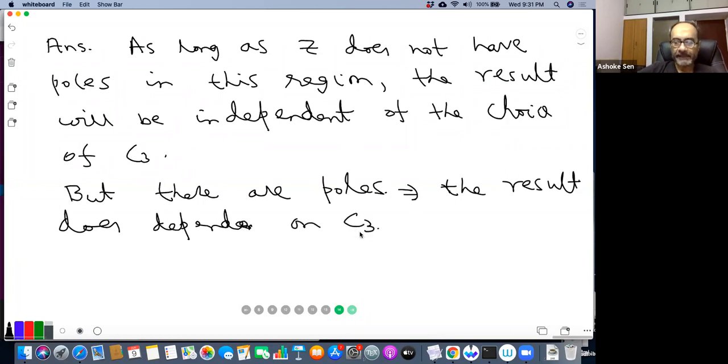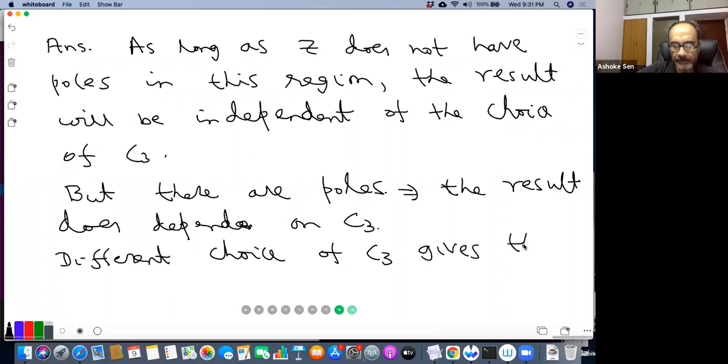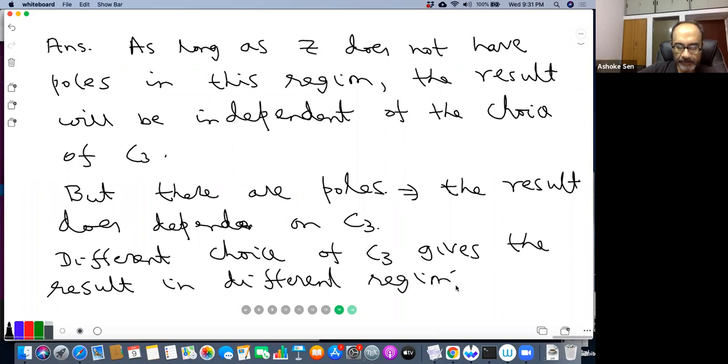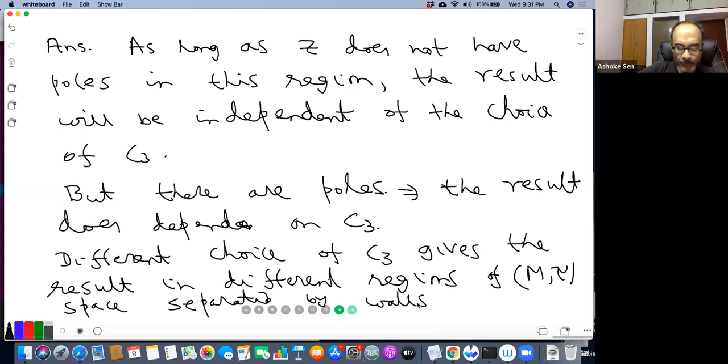But this, in fact, has a very physical consequence, namely the different choice of C3 gives the result in different regions of M tau space separated by walls of marginal stability.